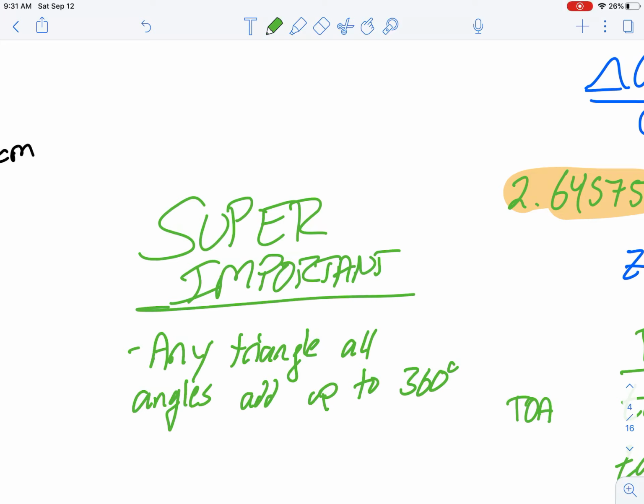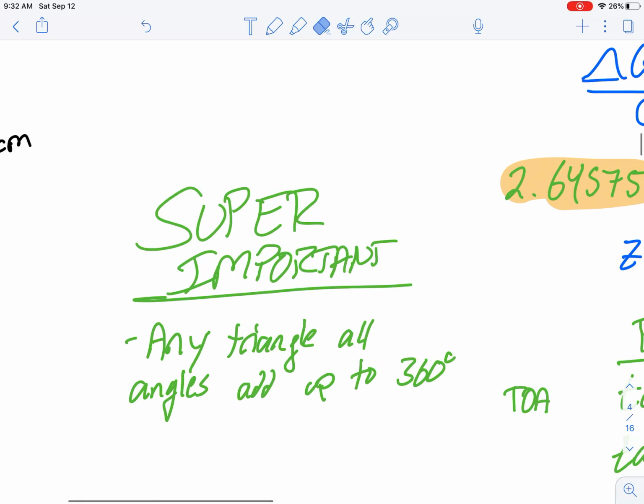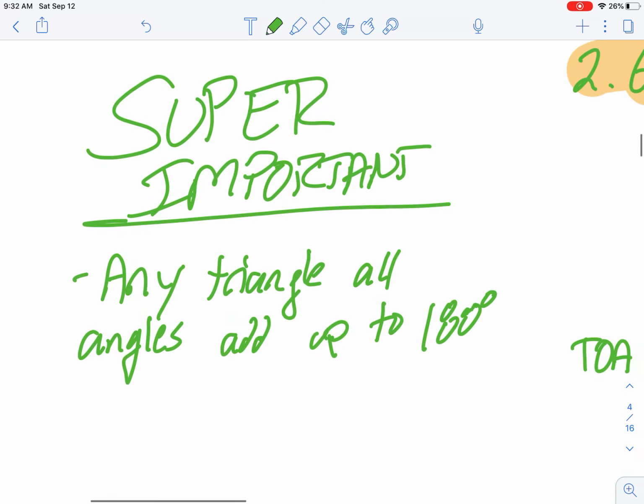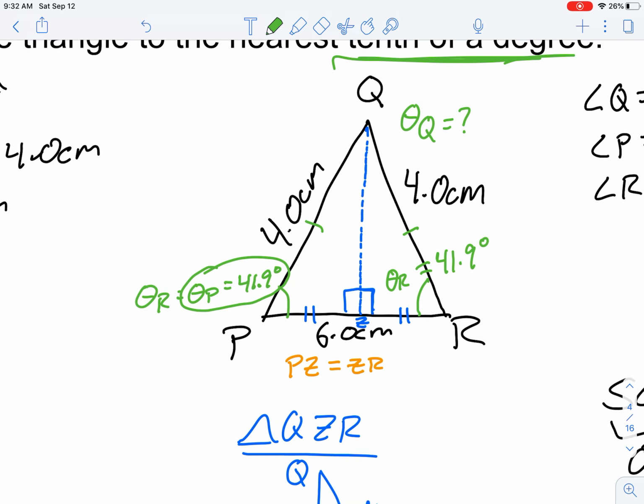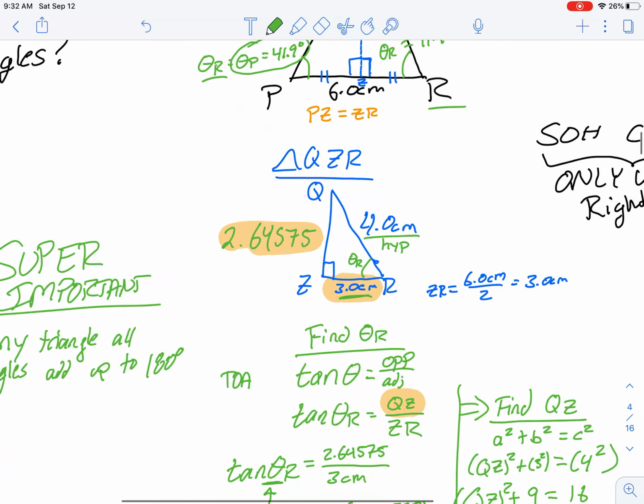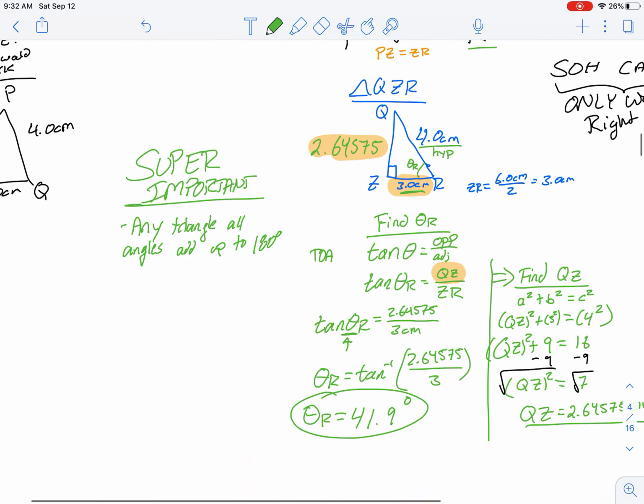Hang on, kind of having a little bit of a brain fart. Add up to 180. Whoops, that's my bad. So make sure you don't write 360. All triangles, any triangle, all the angles add up to 180 degrees. So in this case, angle P plus angle R plus angle Q should equal 180 degrees. So let's find angle Q.